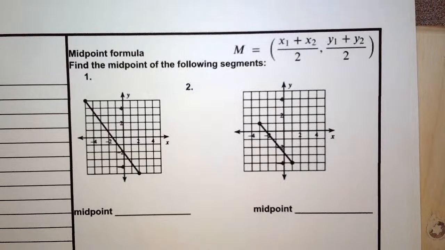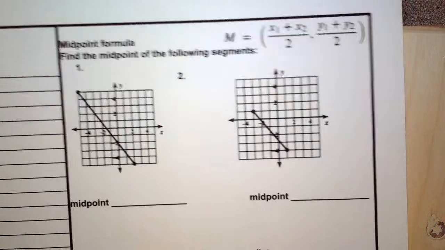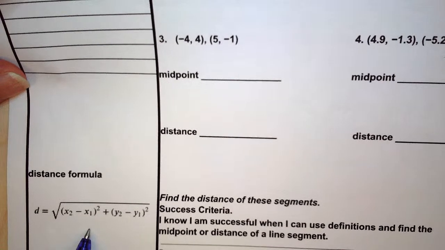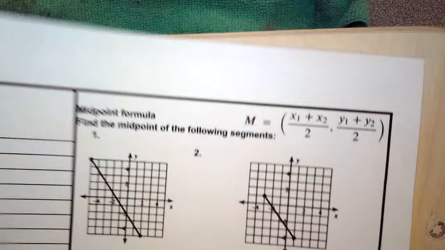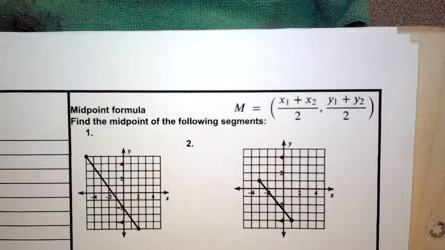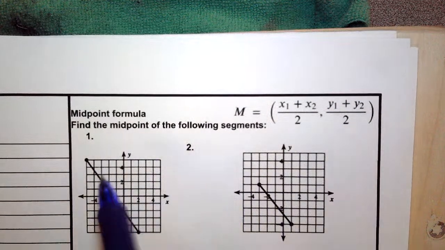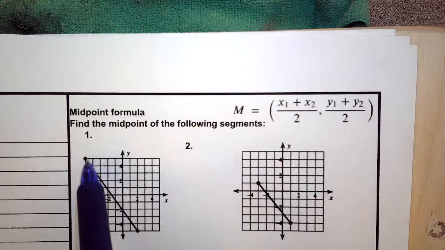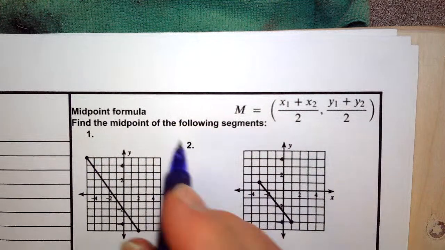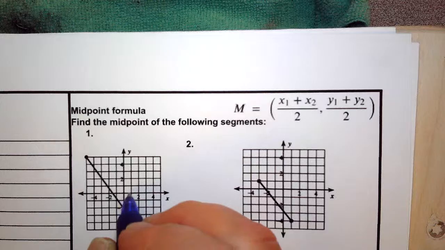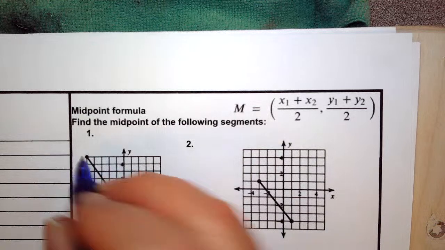Okay, the midpoint formula and the distance formula. Here's your distance formula down here. They go off of points. So if I'm looking at the first one, we're going to find the midpoints of the following segments. So I have to find my two endpoints. My first endpoint is -5, 5.